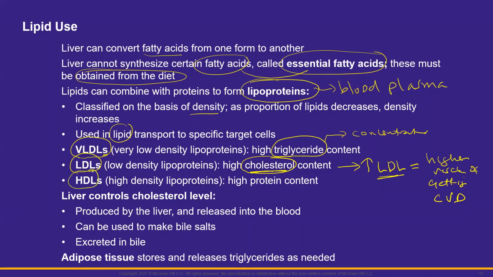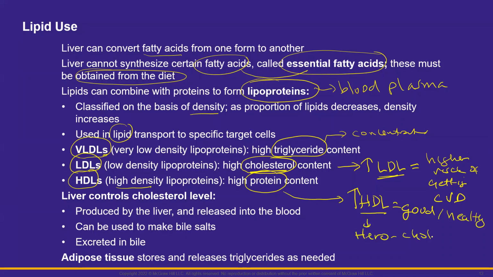HDL, this is the opposite of LDL. This is high density lipoprotein. It has more protein compared to the cholesterol. So this one, we have to have higher HDL. This means good or healthy. Therefore, sometimes this HDL is also known as hero cholesterol or hero lipoprotein.